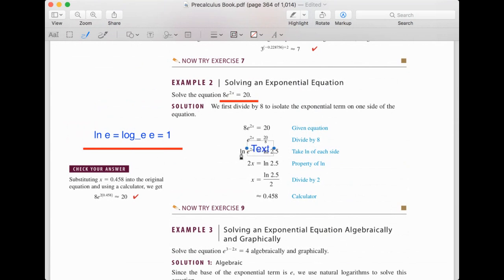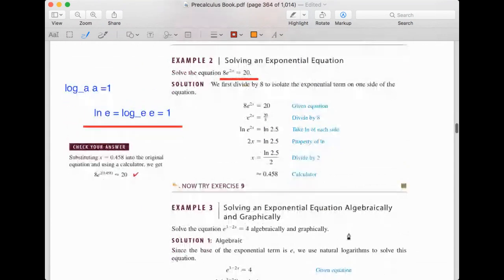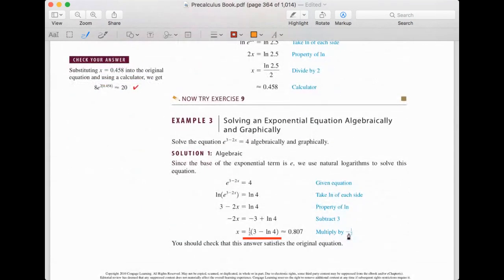Whenever the base and the value are the same, log base a of a in general equals 1. If we write it in exponential form, we write a raised to 1 equals a. Right. So ln e equals 1.